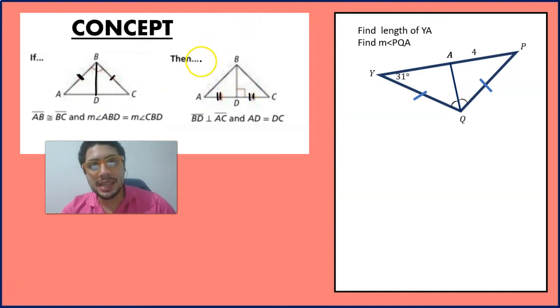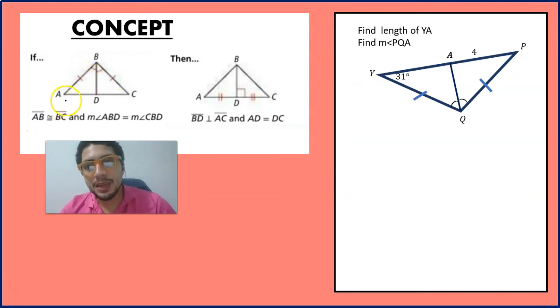So it's going to be bisected, right? So the perpendicular bisector of the side is also going to be an angle bisector. In this case, the measurement of angle ABC, the whole angle here, is going to be bisected into half because we have an isosceles triangle.